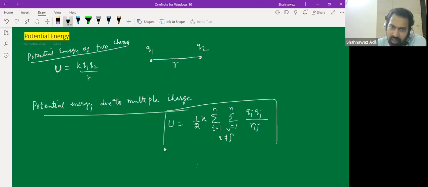So when you have n charges, what is the potential energy?